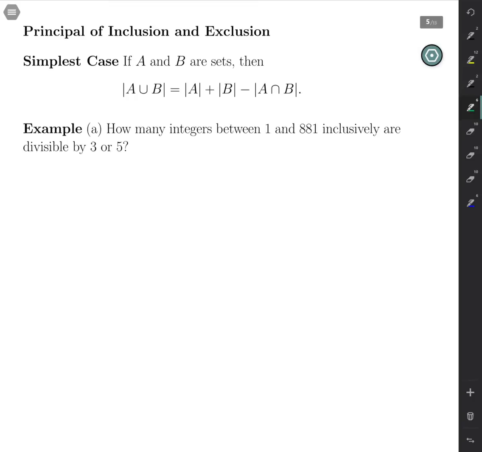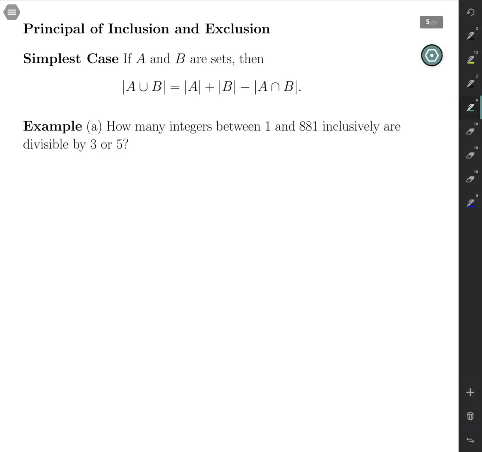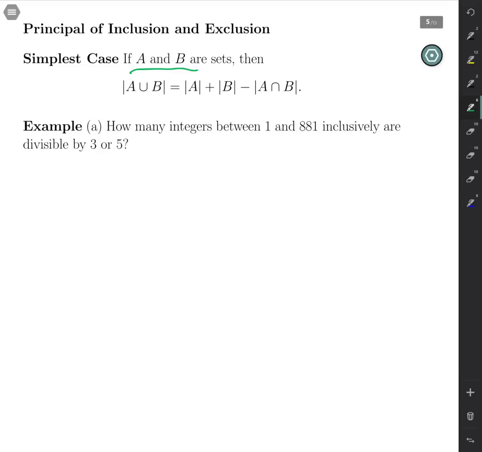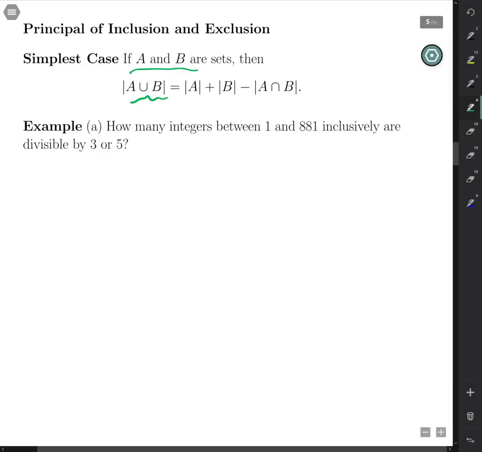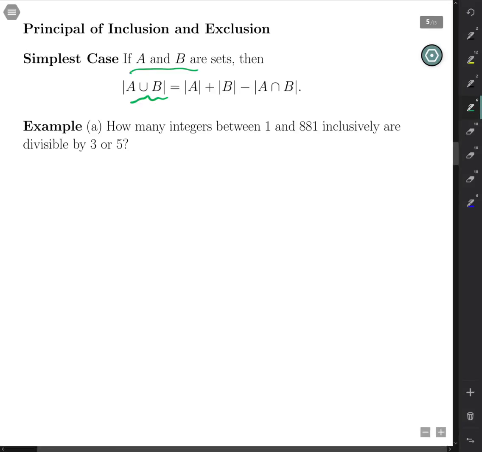The last topic of our first unit is the principle of inclusion and exclusion. We've already looked at this in the case of two sets, the simplest case. If we have two sets A and B, and we combine them, put them together to make one set, that's what we call the union, then the number of things in that combined set is the number of things in each of them individually summed minus the number of things in the intersection, right?